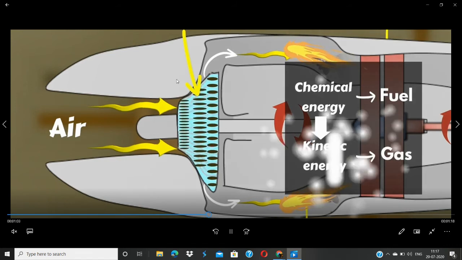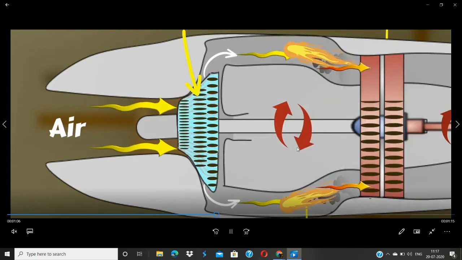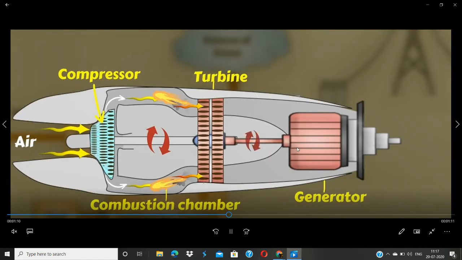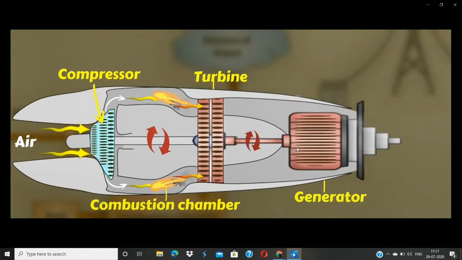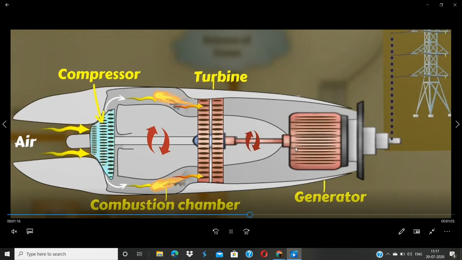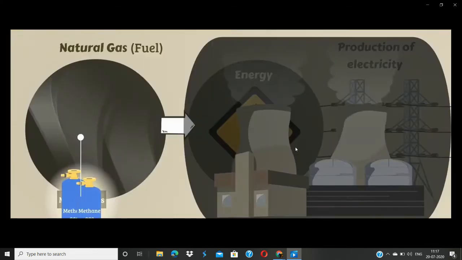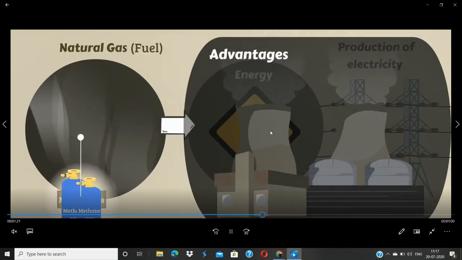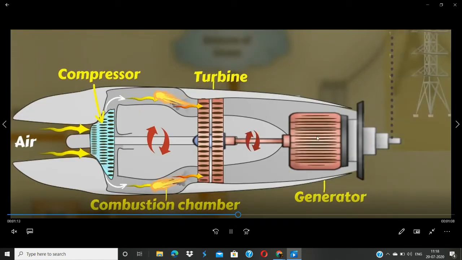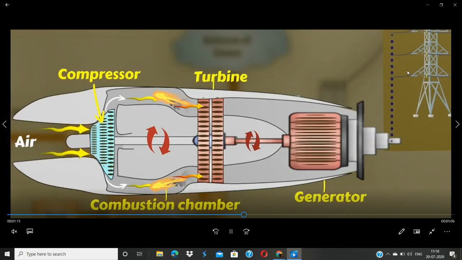The kinetic energy of the gas runs the turbines. The turbines drive the generator, and thus electricity gets produced. What is being produced here, son? Electricity. See, the generators are driven and thus electricity is produced here.